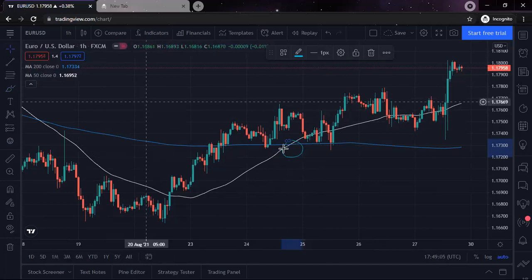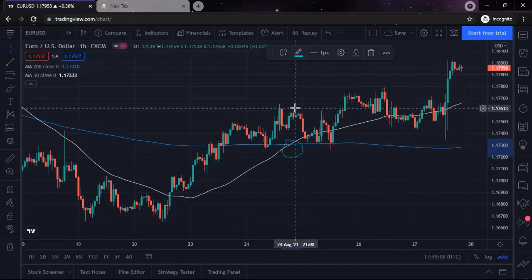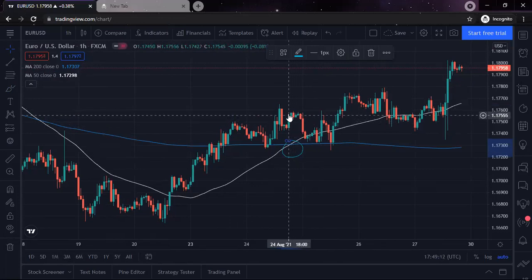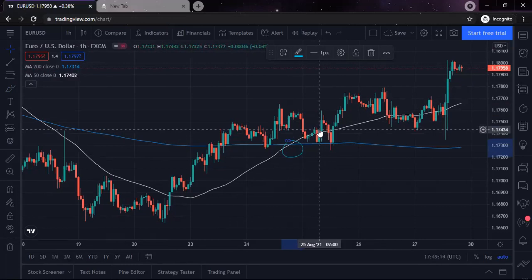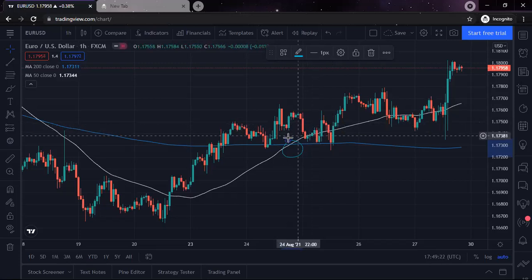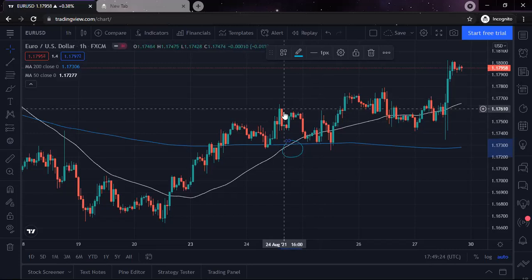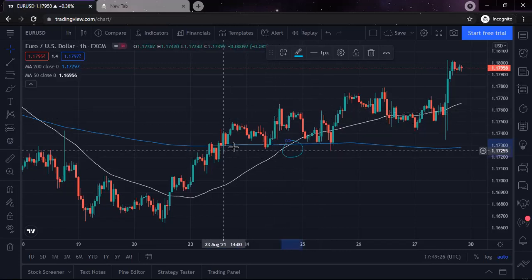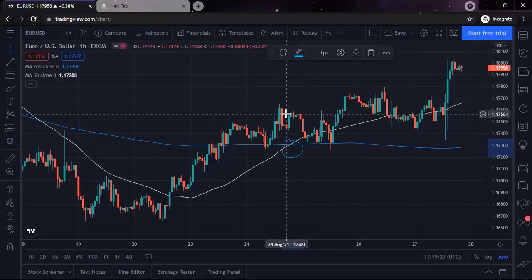As price crossed over here, Paul Tudor Jones will just wait for price to come back and hit this moving average, and then he will enter a buy. So if we are using just this cross, price crossed over the 200, when prices are closing above 200, it is in an uptrend.